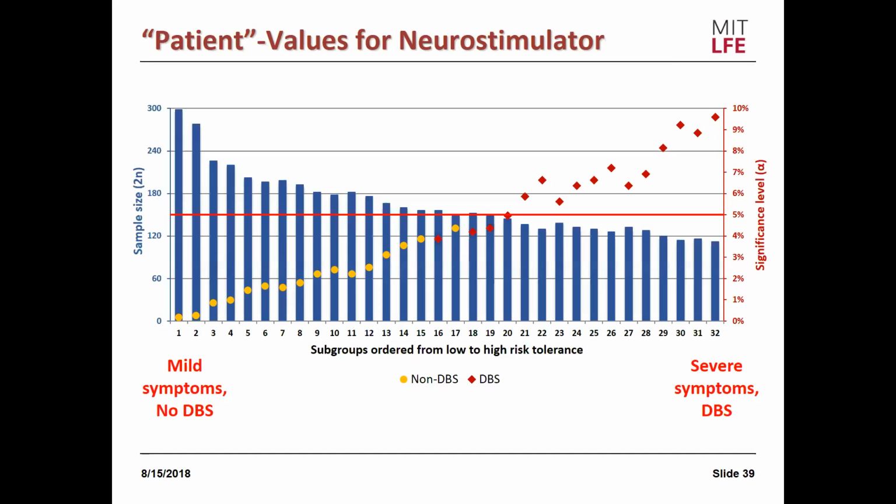On the other hand, on the left side of this chart, for patients with less severe symptoms who tend to be more risk averse, the optimal decision is to design a relatively conservative trial. Here we see that we're getting p-values on the order of about 1 to 2%.